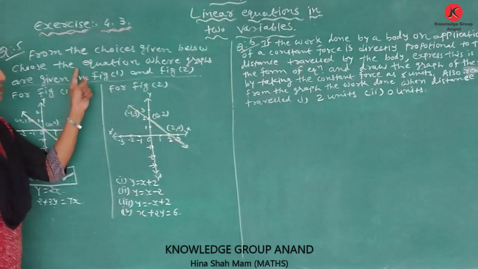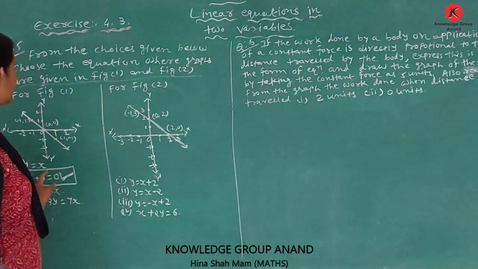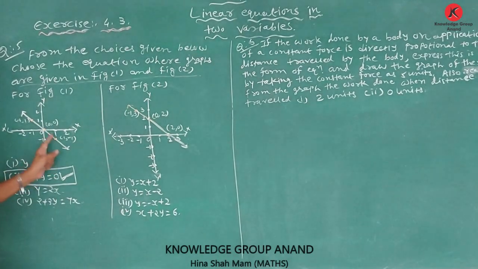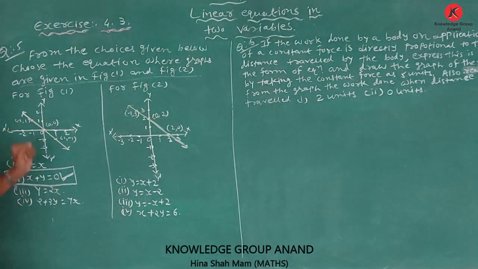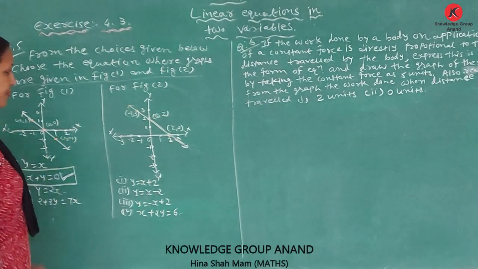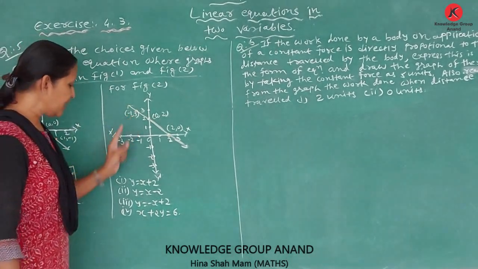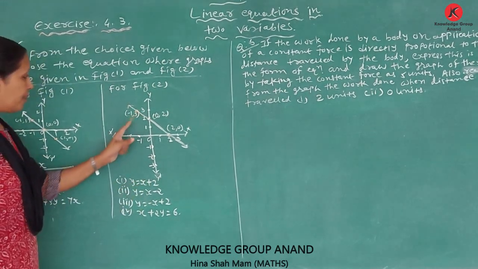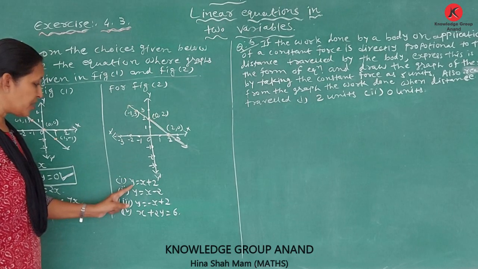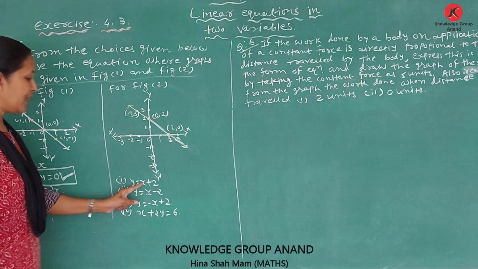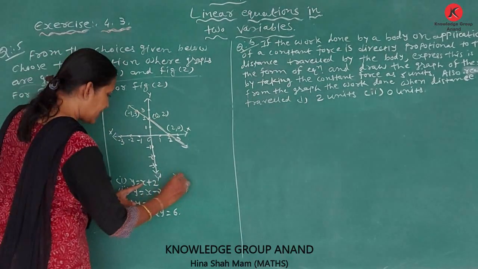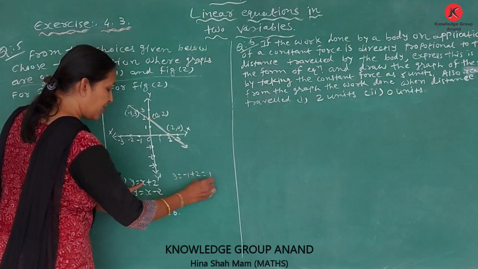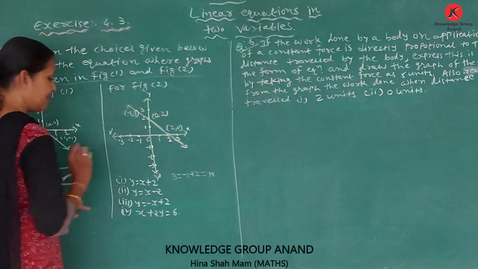The equation x plus y is equal to 0 has its graph given in figure 1. For figure 2, taking the point (-1, 3) for the first equation, putting y equal to 3 and x equal to -1: 3 is equal to -1 plus 2, which is 1. 3 is equal to 1, not correct, it is not valid.